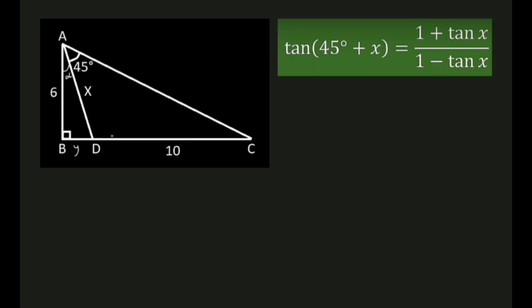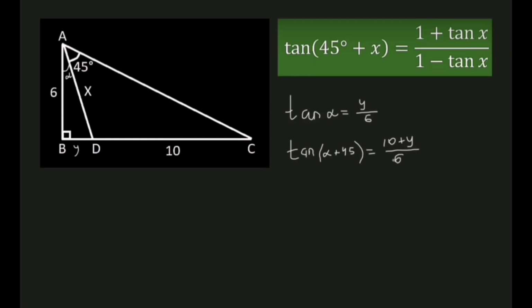After that, let's apply trigonometry and say that we know the tangent of alpha. Let's say that tangent alpha equals y divided by 6. After that, let's have a look at the angle alpha plus 45 degrees. We can say that the tangent of this angle equals y plus 10 divided by 6.